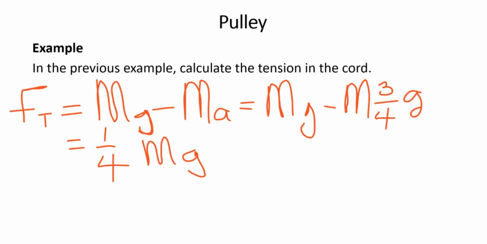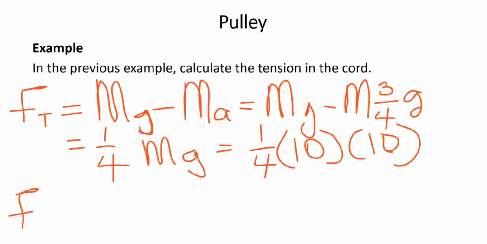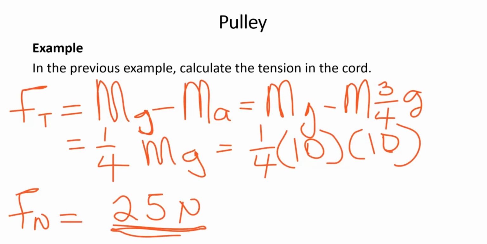Now let's substitute the values: 1 over 4, the mass of the big M is 10, and the acceleration g is 10. That is 25 Newtons. Okay, so that's the tension force of the cord.